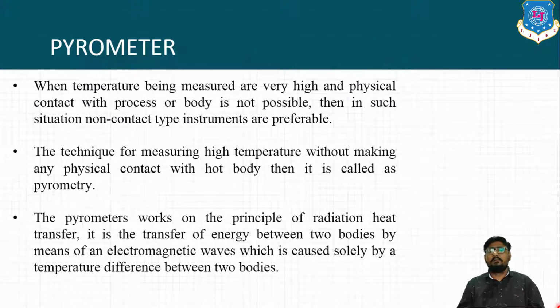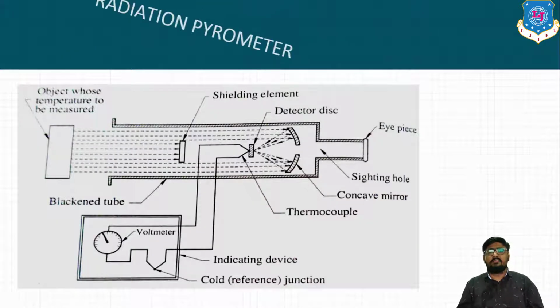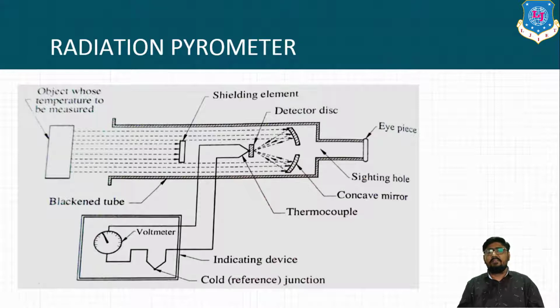So one such example, as you can see in the figure, is the radiation pyrometer. In this, the object whose temperature is to be measured is kept over here. The radiation coming from it is directly allowed in front of the instrument. Inside the instrument, what is the construction? There is one detector disc, as you can see over here.